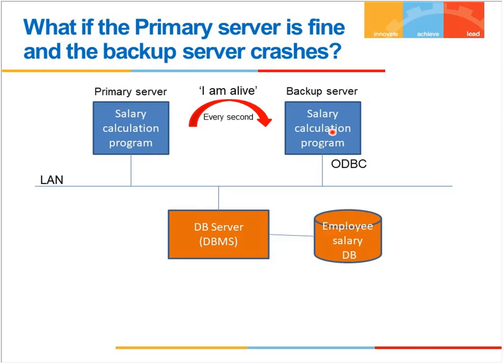So in that case, the primary server will have to start one more backup and keep the new backup program informed about the current state where it is, so that if the primary server then fails, the backup server can come on. Similarly, if the primary server fails, the backup will start, and the backup now becomes the new primary, and it will also start a new backup, so that at any given time there are two machines that are constantly available for doing the processing, right?